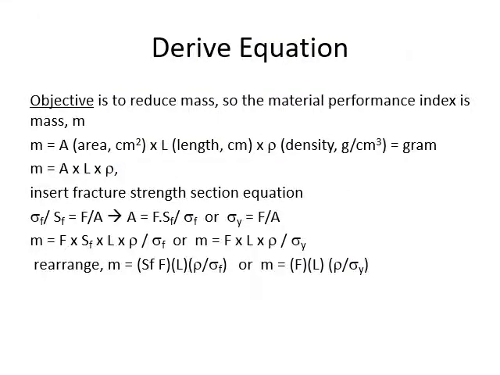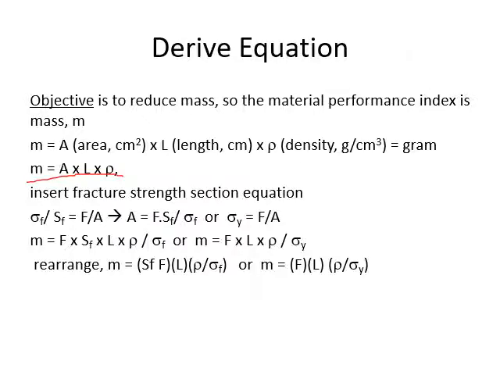First, you have to understand that the objective is to reduce weight or to reduce mass. So the material performance index is mass, small m. And m, as you know, is equivalent to area in centimeter squared, multiplied by length in centimeter, and multiplied by density rho, which is in gram per centimeter cubed.